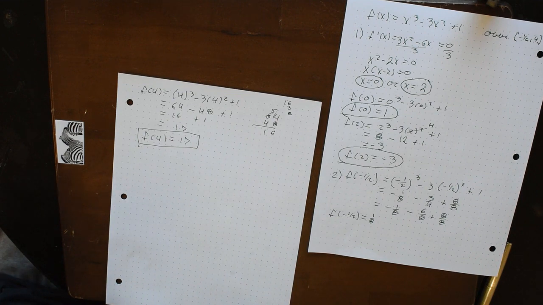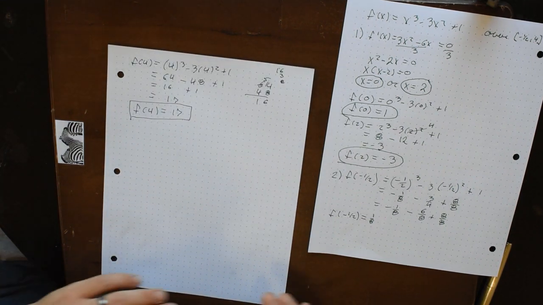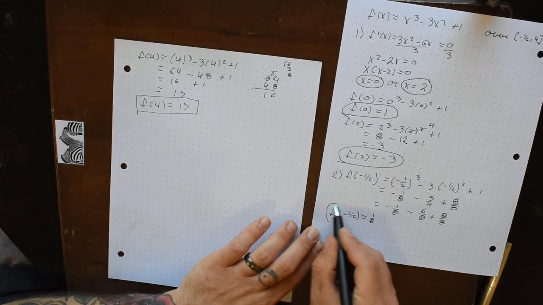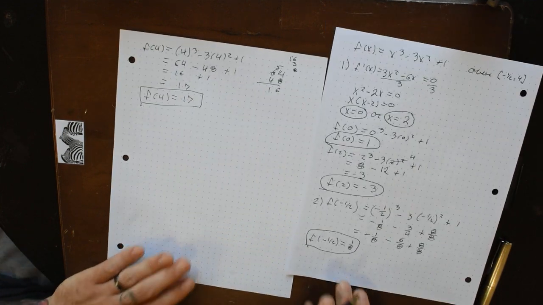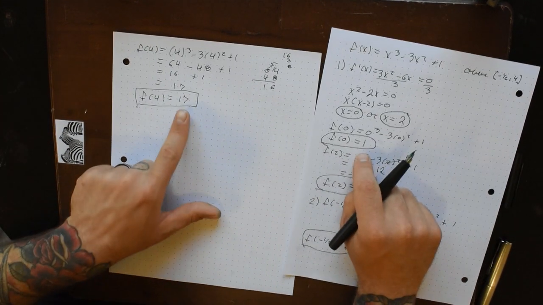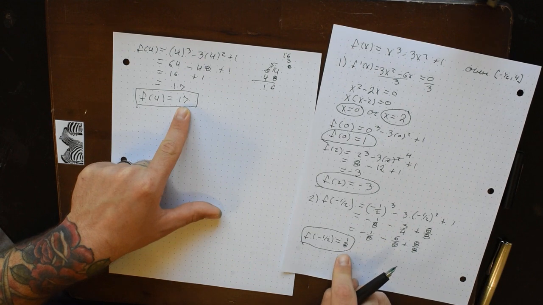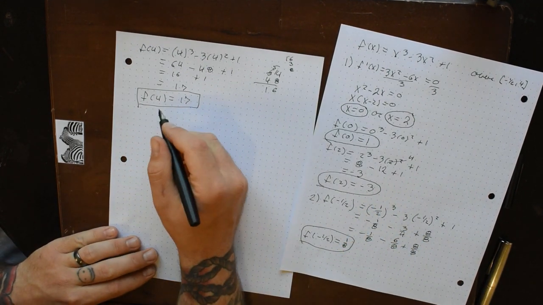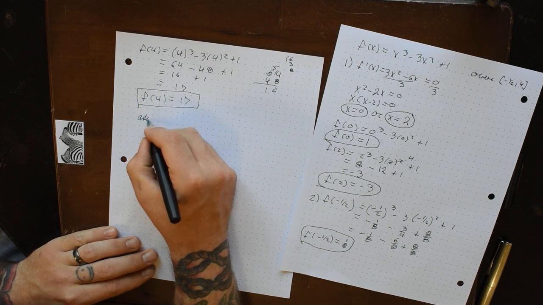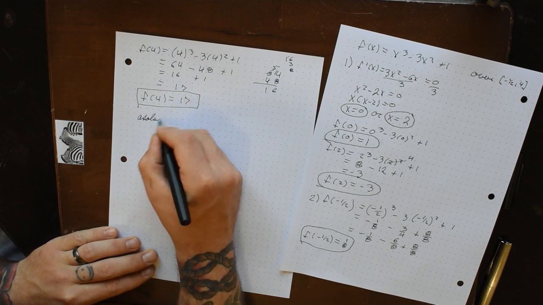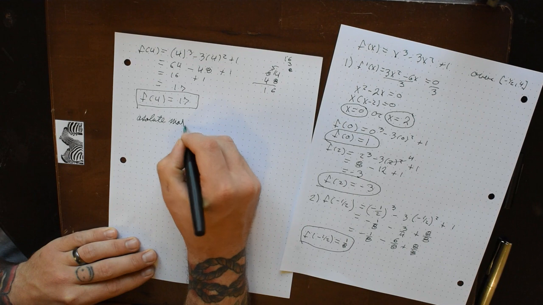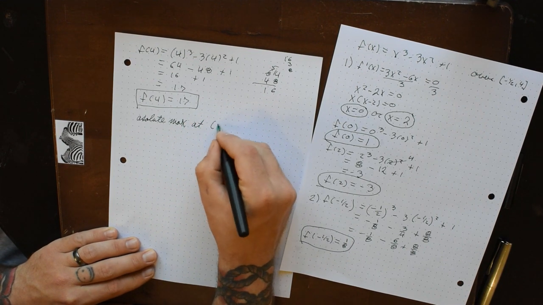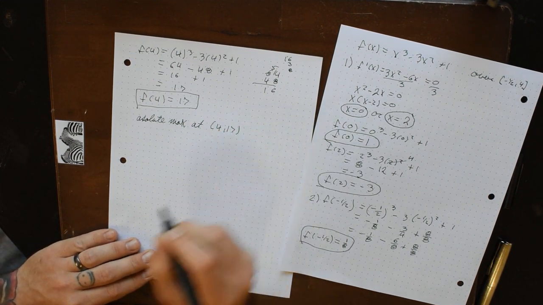So the final step, we're trying to find our absolute maximum and our absolute minimum. We have 4 things to consider. Our absolute maximum is going to occur at the largest value of y. Well, 17 is the largest value, so we know we have an absolute max at 4, 17.